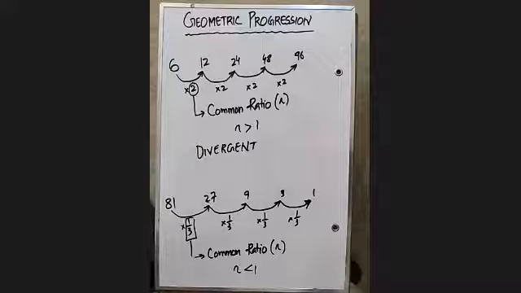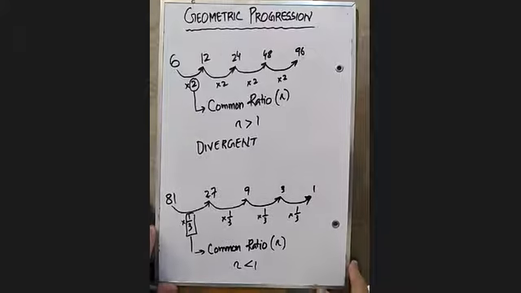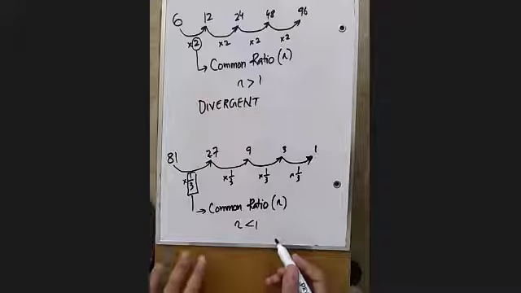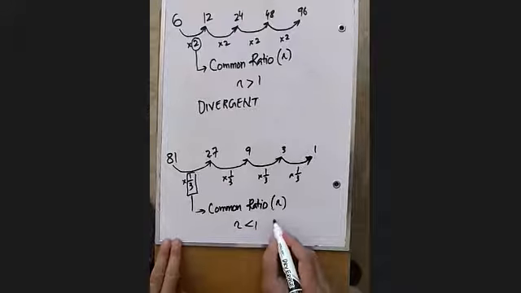Similarly, the progressions in which the common ratio is less than 1 are called convergent.